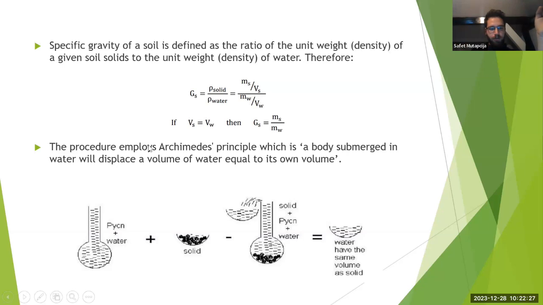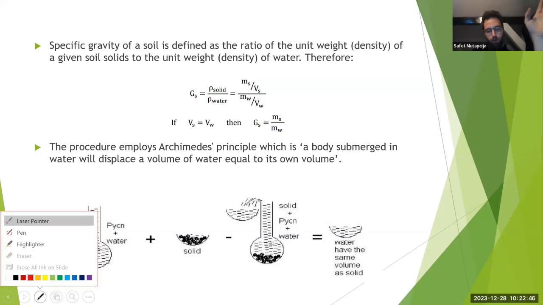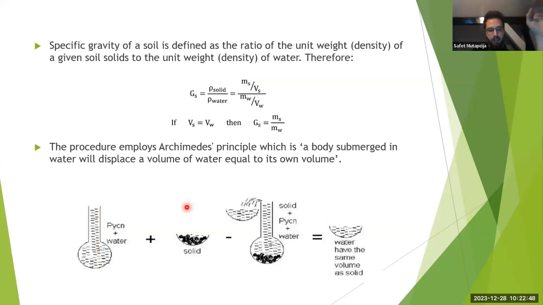The procedure employs Archimedes' principle, which, if you remember from your high school physics class, says a body submerged in water will displace a volume of water equal to its own volume. And this sketch here is going to describe really simply what that means. So you have a pycnometer, that's one fancy glass thing in the laboratory.